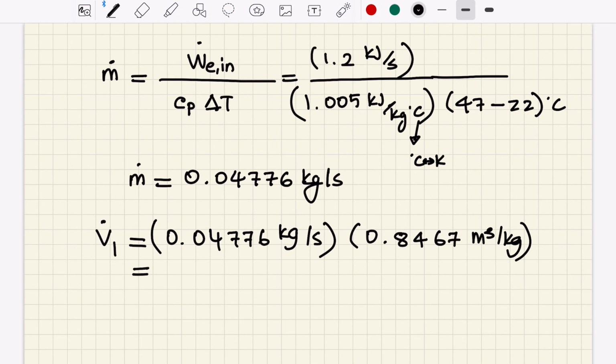The units make sense because the final unit is meter cube per second, which is the unit of a volumetric flow rate. And the answer is 0.0404 meter cube per second. That is the first part.